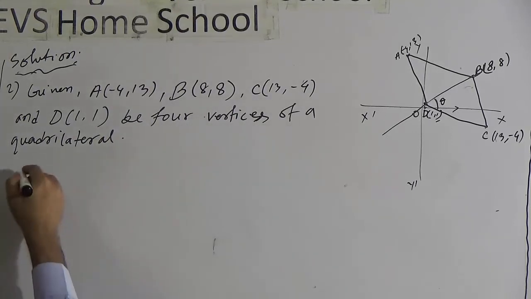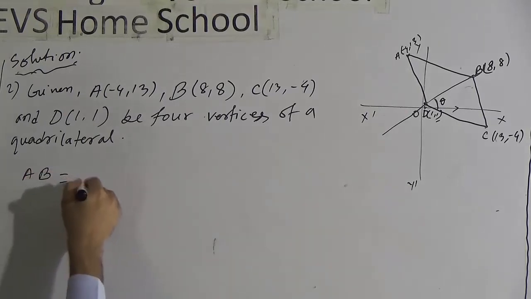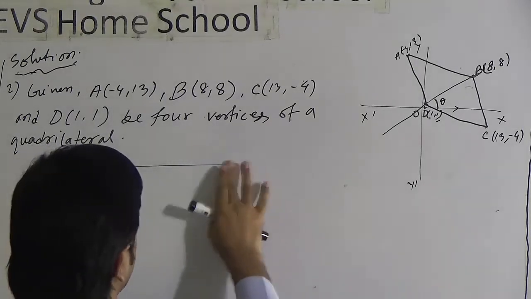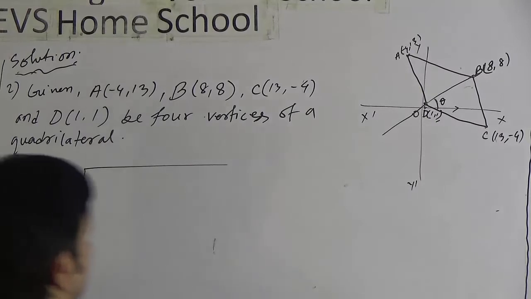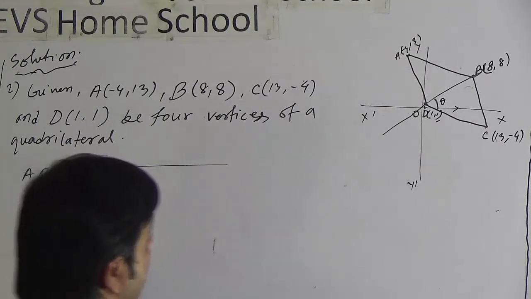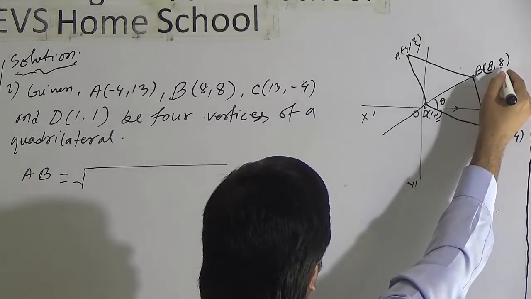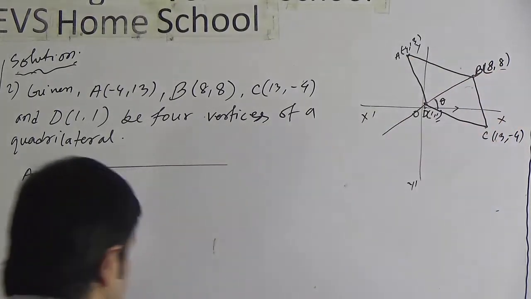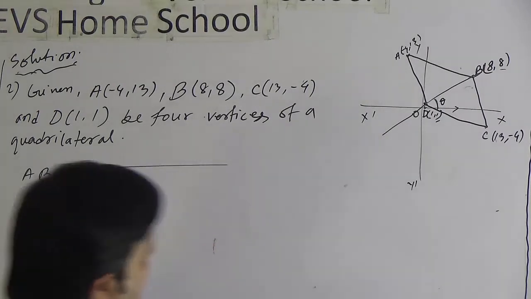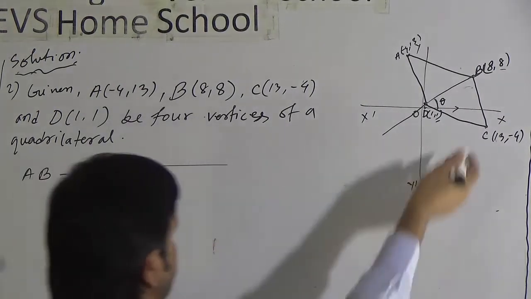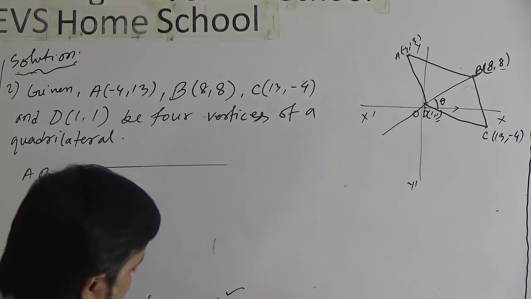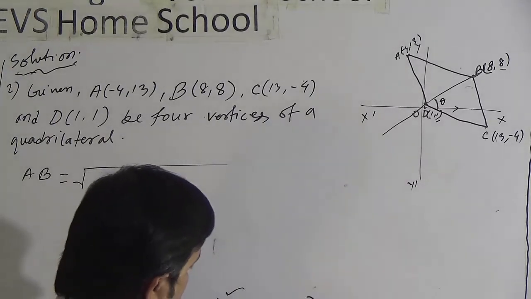The length of the side AB will be the square root of (x2 minus x1) whole square plus (y2 minus y1) whole square. Or we can also write (x1 minus x2) whole square plus (y1 minus y2) whole square.